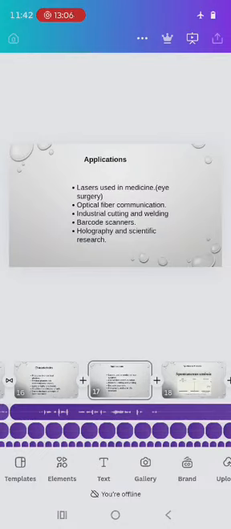Finally, lasers are used in holography and scientific research. These are the applications.